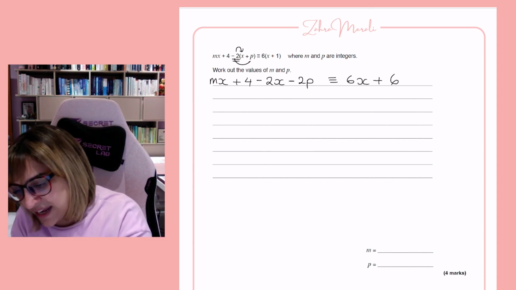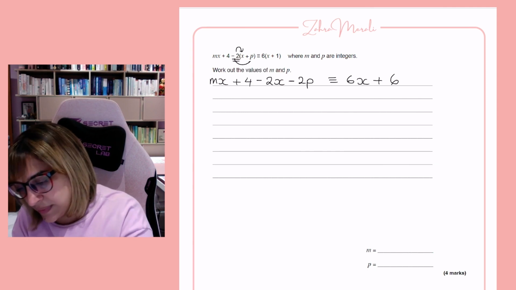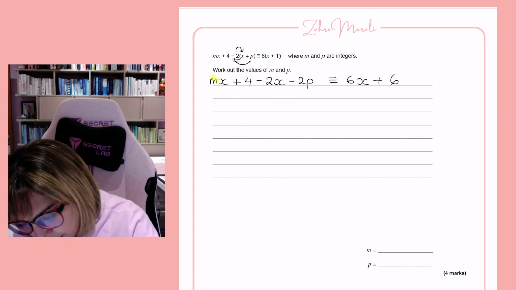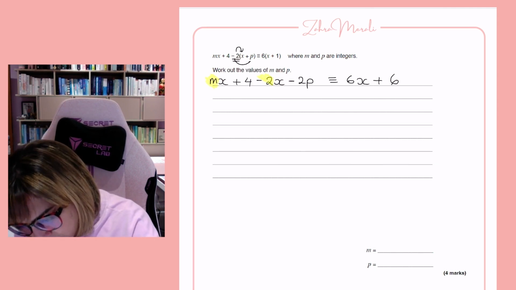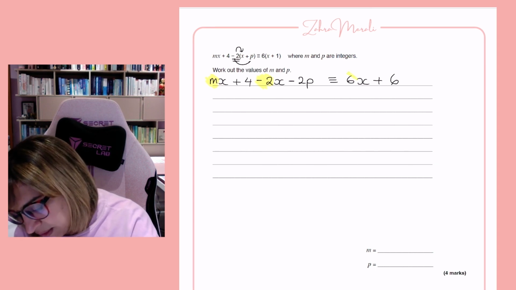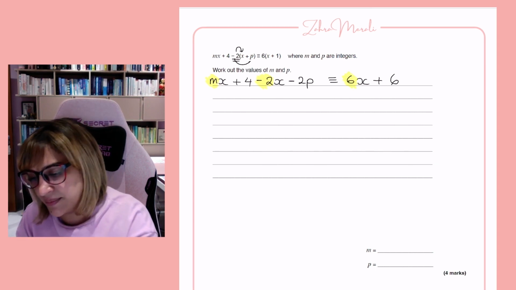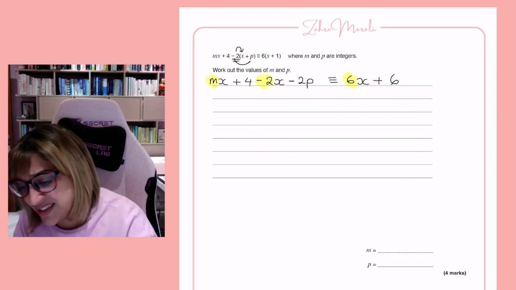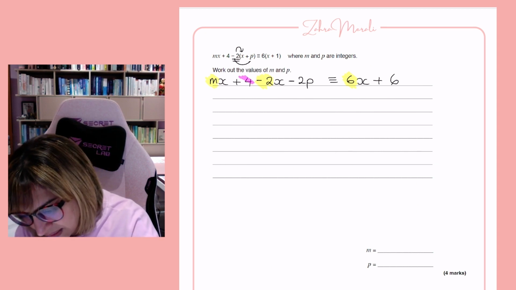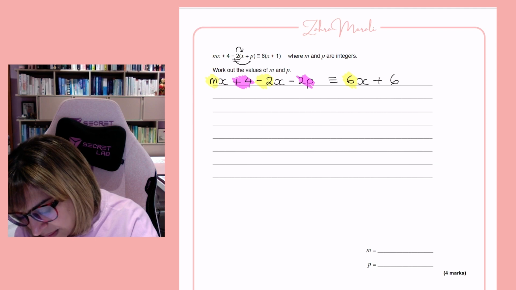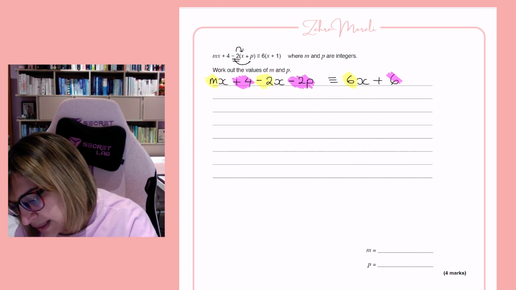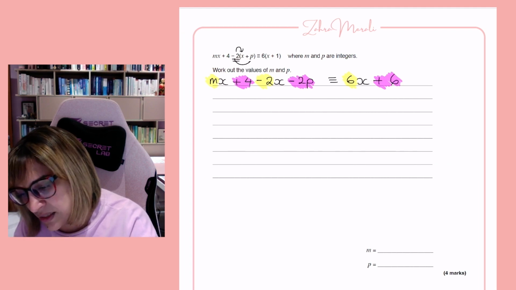Right, we're going to take everything in front of our x's. So I've got an m in front of an x and minus 2 in front of an x. And here we've got 6 in front of an x. Then everything else that's not in front of the x, so plus 4, minus 2p, and plus 6.